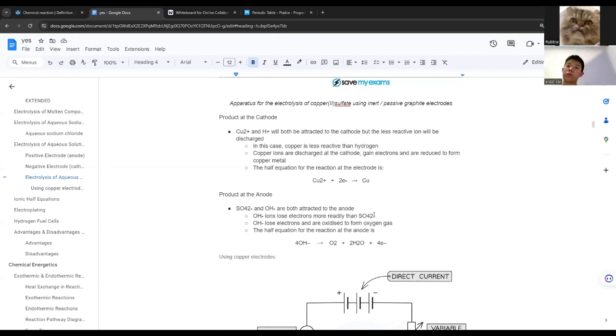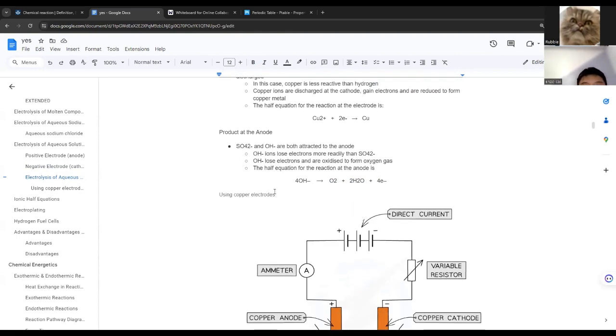The half equation for the reaction is this one, for hydroxide. It has to be balanced, that's why there's four hydroxide, forming oxygen gas plus 2H2O plus 4 electrons. This is the discharge, and these are the products formed.